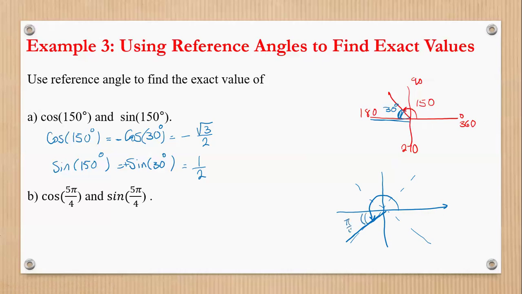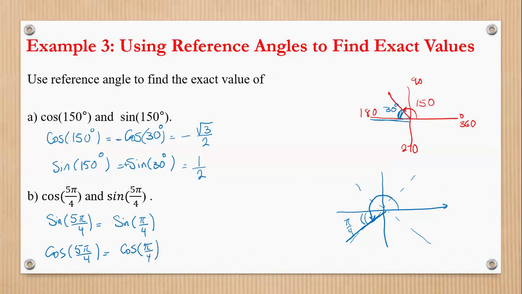Yeah. So the sine of 5 pi over 4, that's the same as the sine of pi over 4. The cosine of 5 pi over 4 is also the same as the cosine of pi over 4.